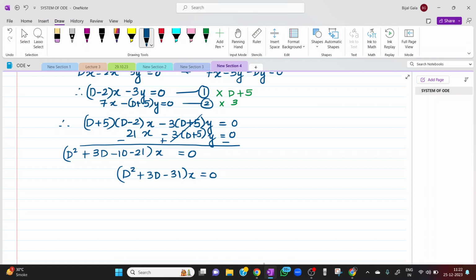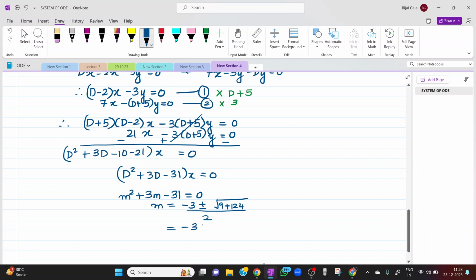So now here the numbers are a little weird. So just to understand the method, this is a second order differential equation. We'll form the auxiliary equation. So we'll have m square plus 3m minus 31 equal to 0. And the roots will be given by negative 3 plus or minus under root of 9 plus 4 into 31, which is going to give me 124, divided by 2.